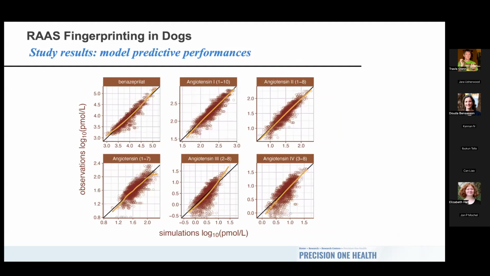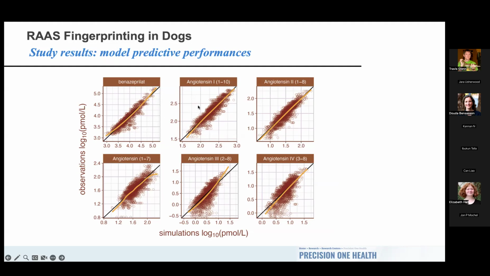So this next set of slides presents the goodness of fit of the model based on the observation versus prediction plots. As you can see, we have here the goodness of fit for the PK of the drug, so the kinetics of benazepril in the plasma of those dogs.